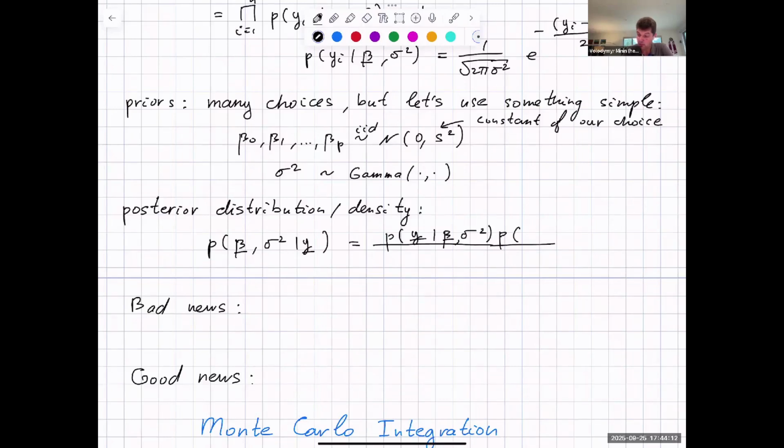And in this case, we'll put the priors independently on beta and sigma squared. So that's why I'm going to just multiply them. We could put them jointly on this, but it's hard. To be honest, I don't know how to put a joint prior on beta and sigma squared in an intelligent way, encoding my prior beliefs about both. So I never do that, but mathematically it's possible.